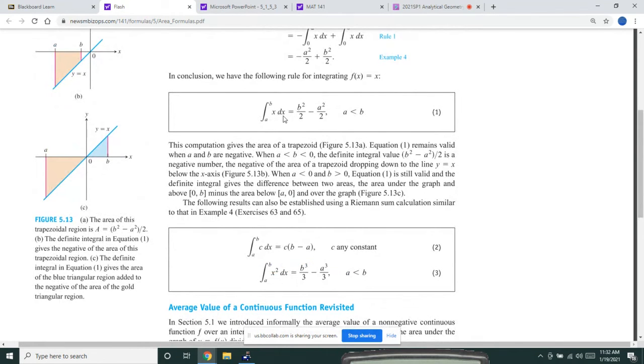Since our problem deals with x raised to the first power, this is the formula that we're going to use. The integral from a to b of x dx is equal to b squared over 2 minus a squared over 2.